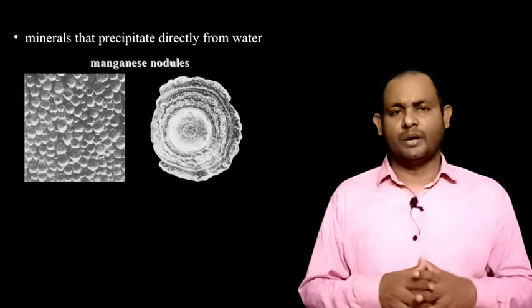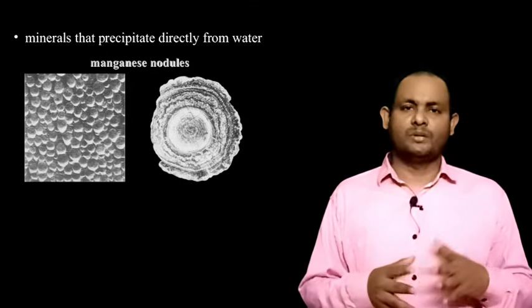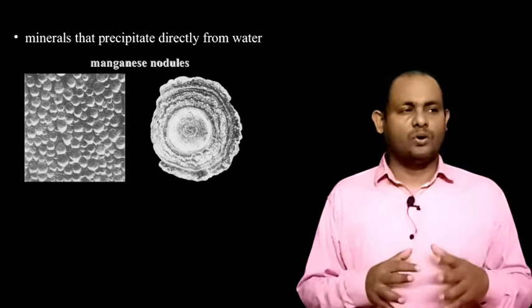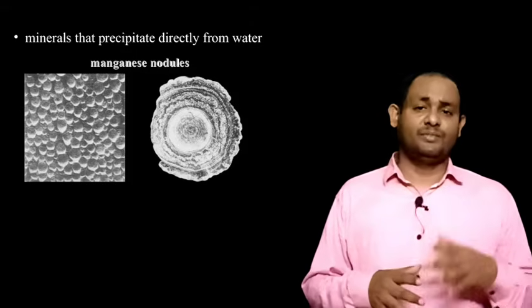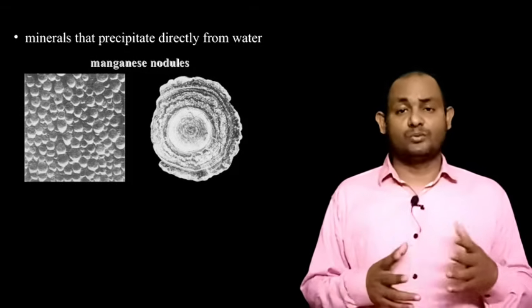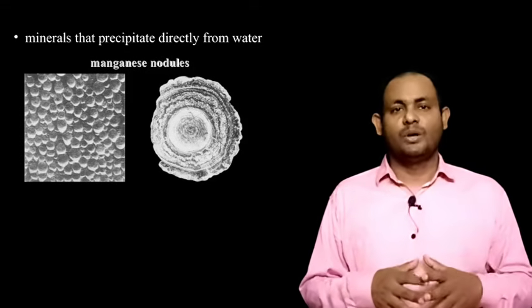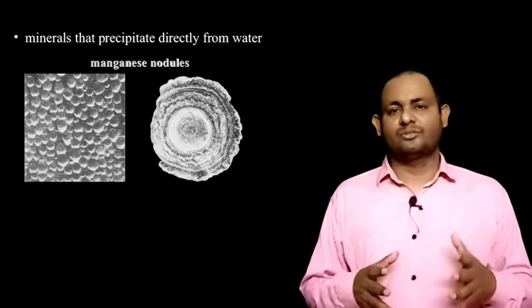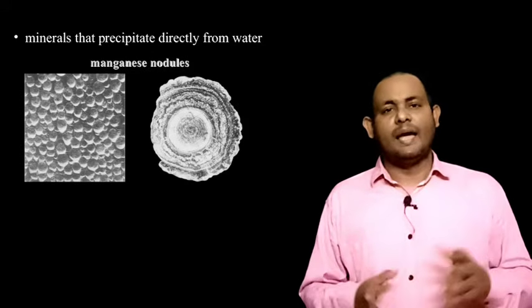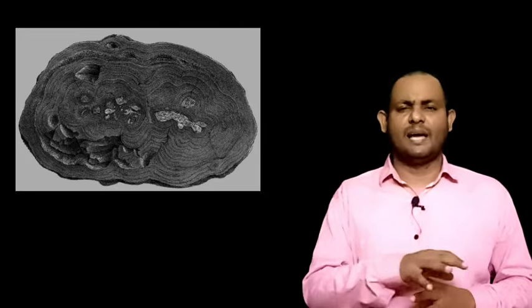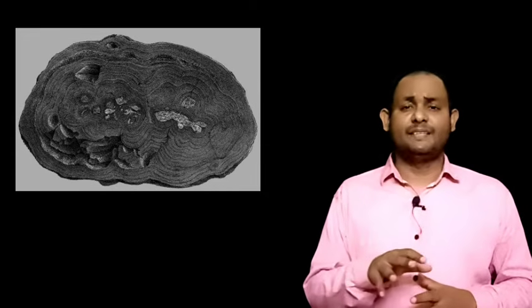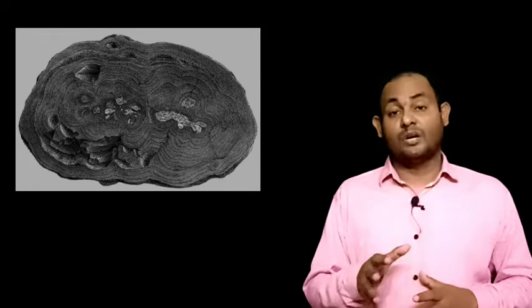They are found around a nucleus such as coral, volcanic rocks, and some bones and fish teeth. Manganese nodules are primarily composed of manganese dioxide, and iron oxide also. Phosphates are in fact compounds of phosphates, which are precipitates and coatings around the rocks.